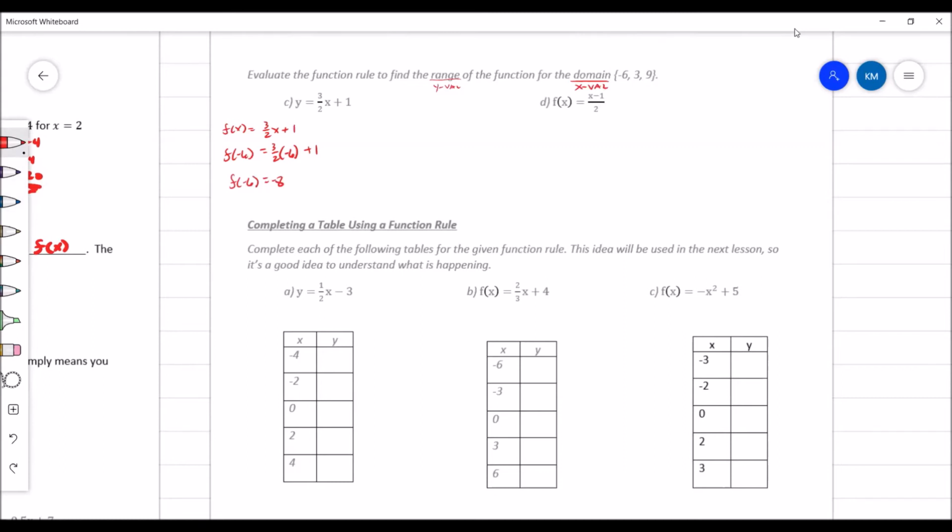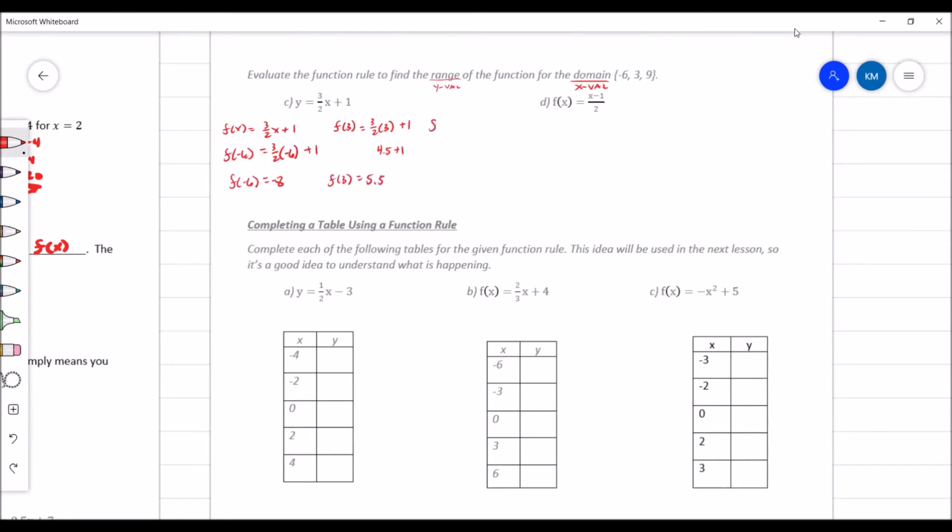Okay, do the same thing with 3. f of 3 equals 3/2 times 3 plus 1. So that's 9/2, which is 4.5 plus 1, which is 5.5. So f of 3 is 5.5.